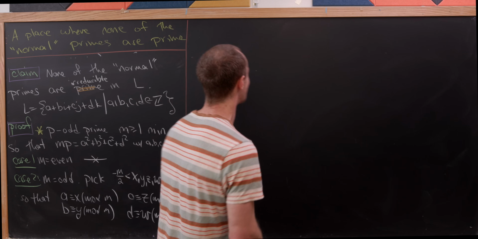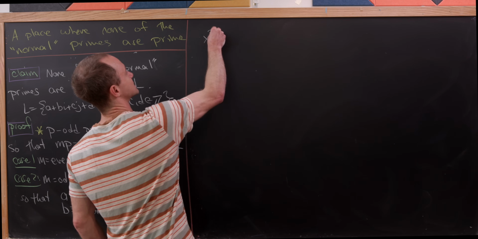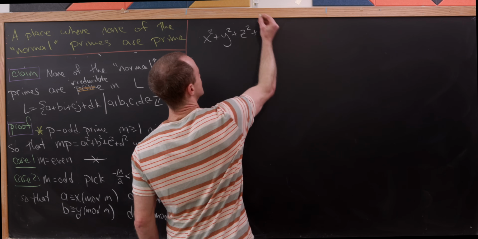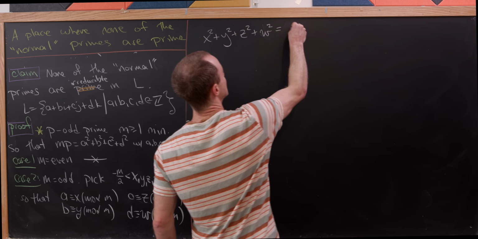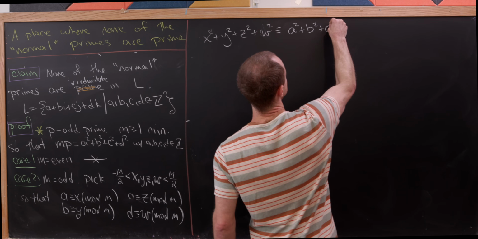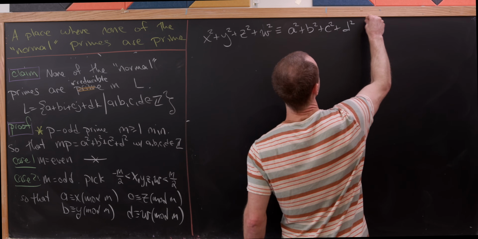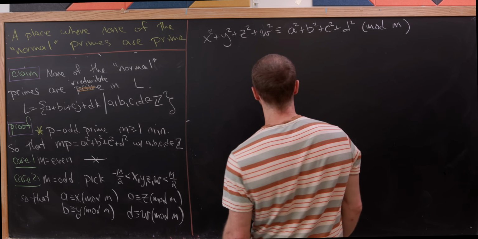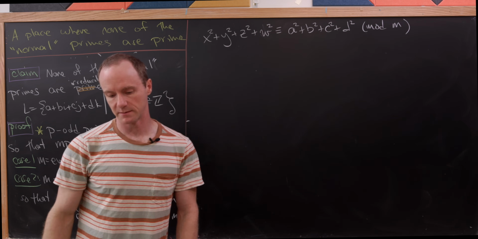Okay, well, what does that tell us? That tells us that x squared plus y squared plus z squared plus w squared is going to be congruent to a squared plus b squared plus c squared plus d squared modulo m. And that's just because arithmetic, quote unquote, works mod m.